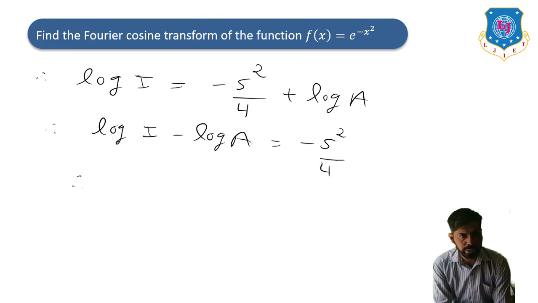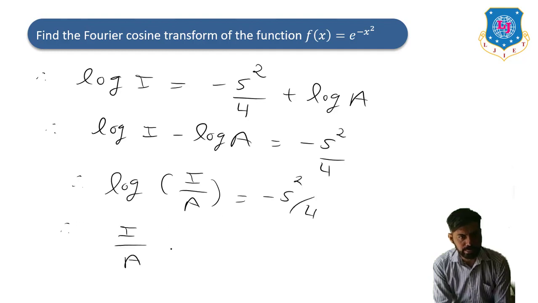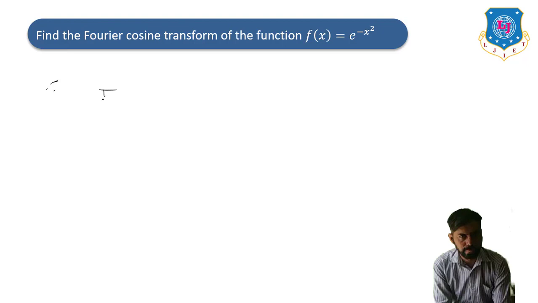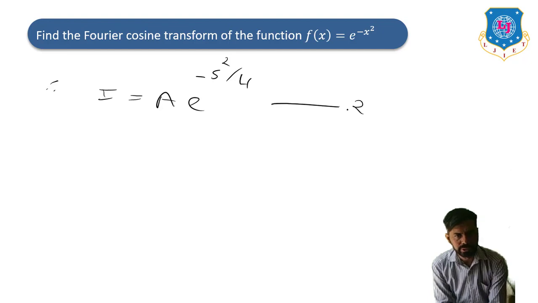Okay, now we know that log A minus log B is log A by B. So this can be written as log I by A, that is equal to minus s square by 4. Okay, so this can be written as I by A, that is equal to e raised to minus s square upon 4, because the base is e. Okay, therefore I is equal to A into e raised to minus s square by 4, and suppose this is equation number 2.